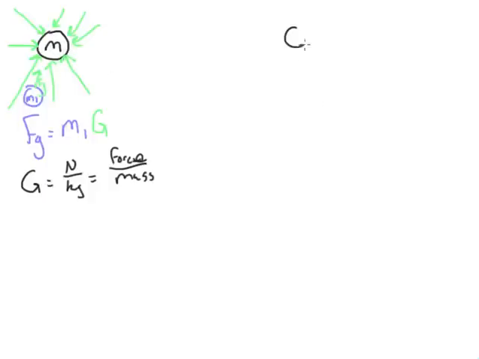In contrast, we can have electric fields, which are produced by charges. So here we have plus q and minus q, and what we can do is draw the electric field. Electric fields start on positive charges or at infinity.